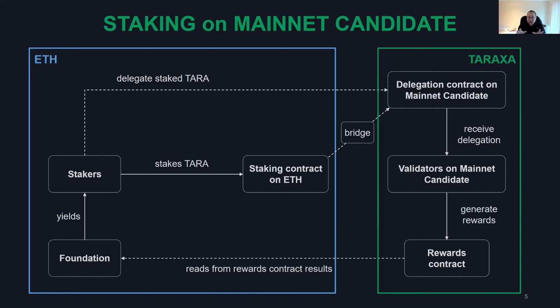We can do all of this on the mainnet candidate without putting any real assets at risk, right? That's very, very key here. So we're testing user behavior and technical mechanisms, all without putting any assets at risk. So that's really the reason why we're doing this, okay?